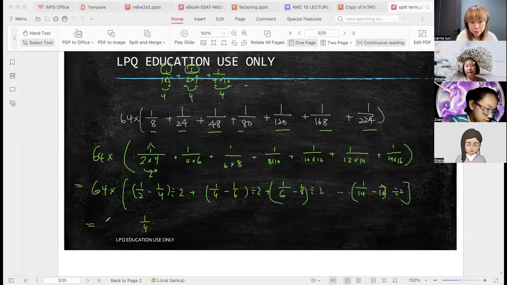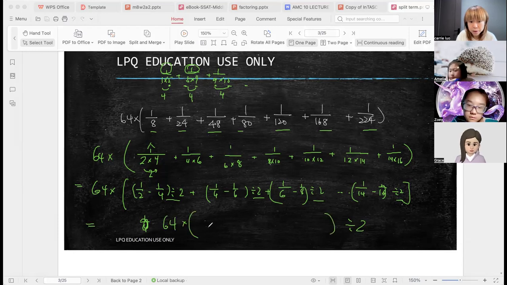Okay, so now let's take a look at this one. Because teacher already told us if you have every single one with a common term, we divide it by 2. And we can do 64 times all the things divided by 2. So 1/2 minus 1 over 4 plus 1 over 4 minus 1 over 6 plus 1 over 6 minus 1 over 8 and all the way to plus 1 over 14 minus 1 over 16.